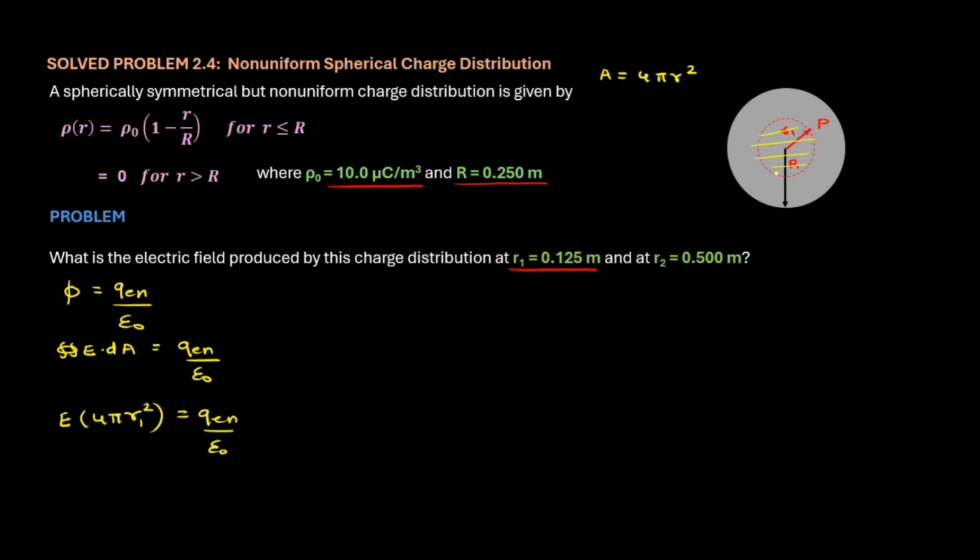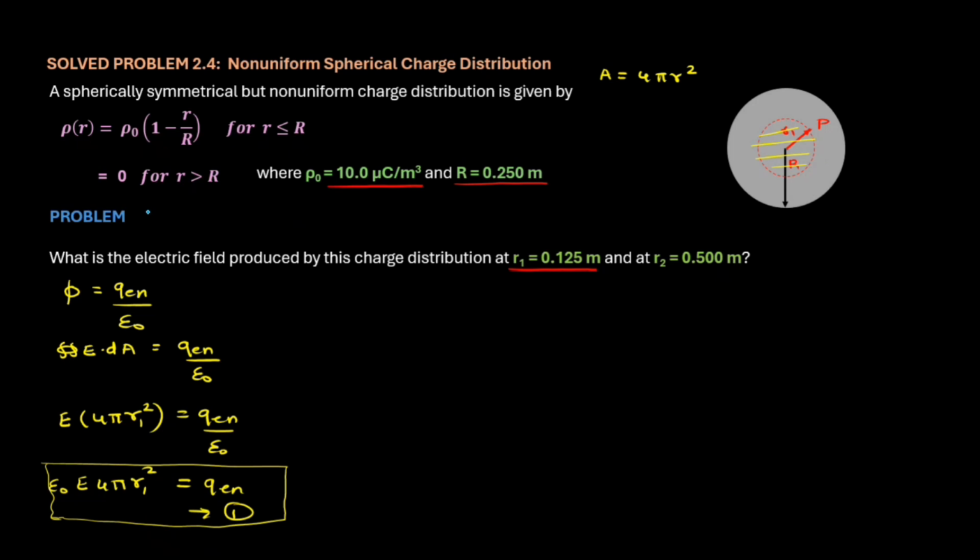By the definition of flux, we are only interested in the charge inside the Gaussian surface of radius r1 to find electric field at point P. So before we solve for the charge enclosed, let's rearrange this term to write it in terms of Q. We rewrite it as epsilon naught E 4 pi r1 squared equals charge enclosed, and I will call this equation 1. We will come back to this equation after we find the value of charge enclosed.